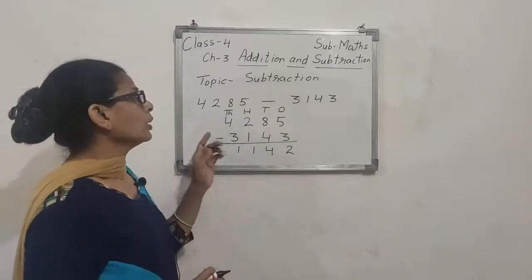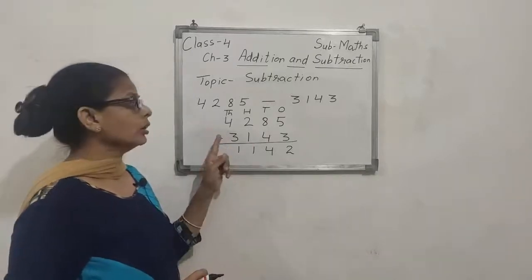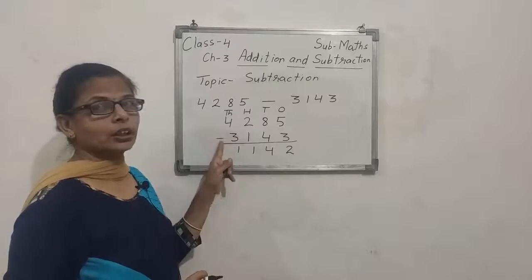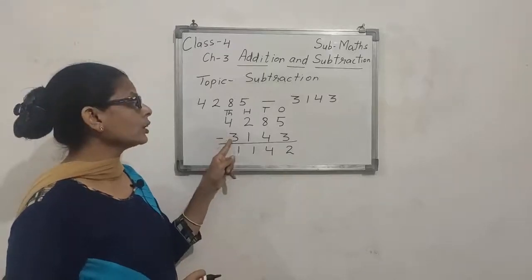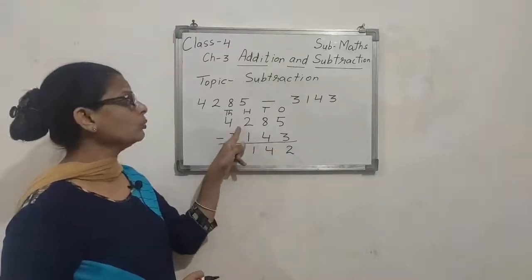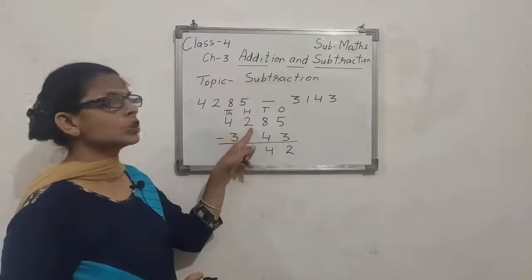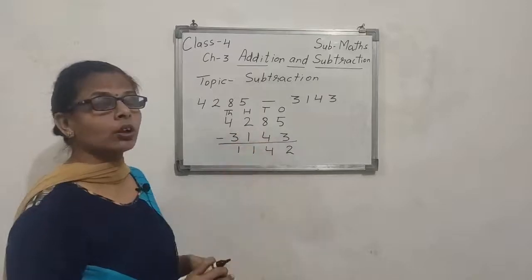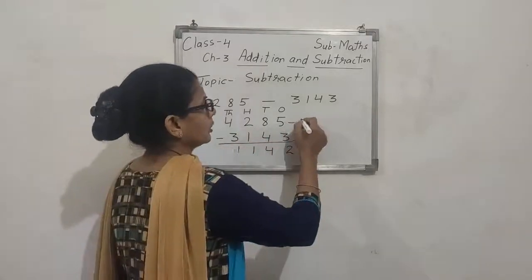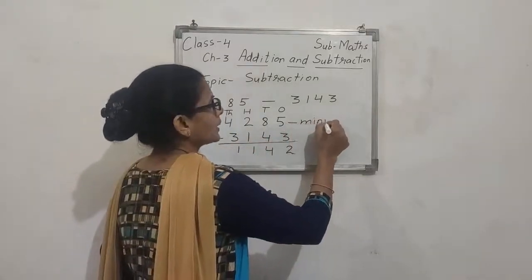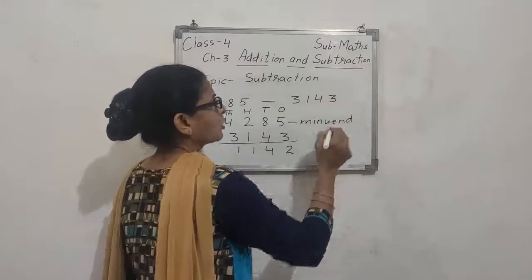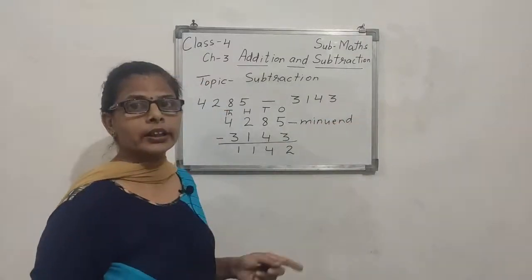Right? So the number from which we are subtracting the other number, we are subtracting 3,143 from 4,285. So 4,285 is called the minuend, the number from which we are subtracting. This is called the minuend or the greater number.